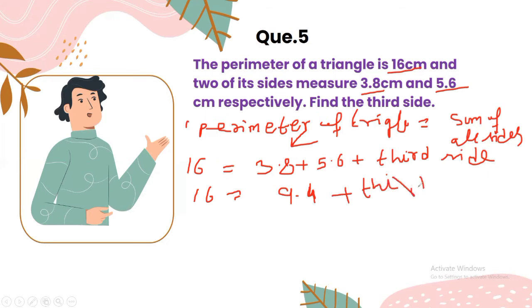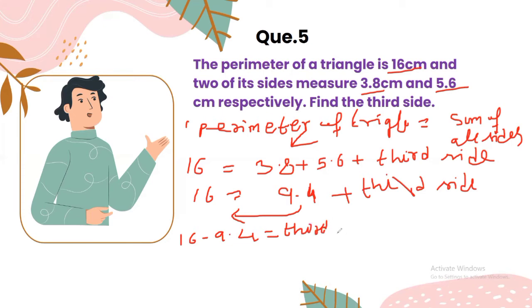The third side you are asked to find. So now transfer this 9.6 to the right hand side. You know very well, if a term is transferred from left to right or right to left, the sign will be changed. 9.6 has the plus sign, so it will convert into a minus sign. So 16 minus 9.6 is equal to the third side.